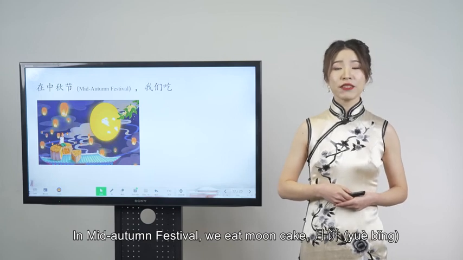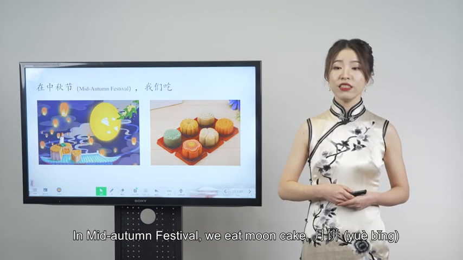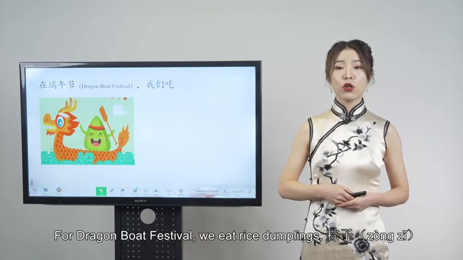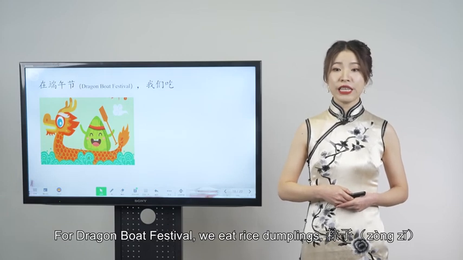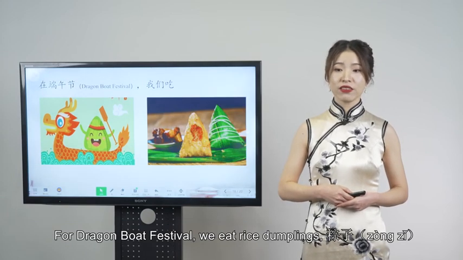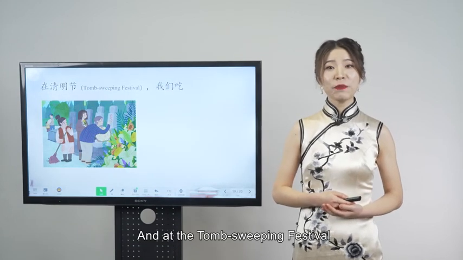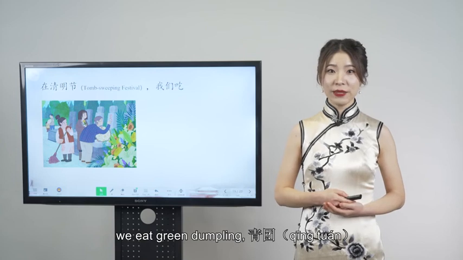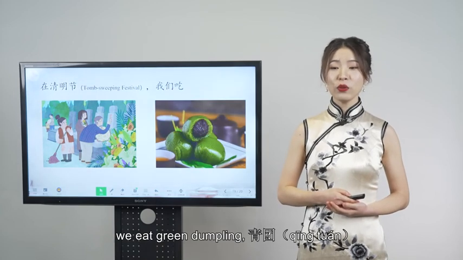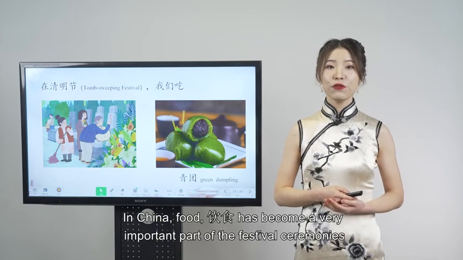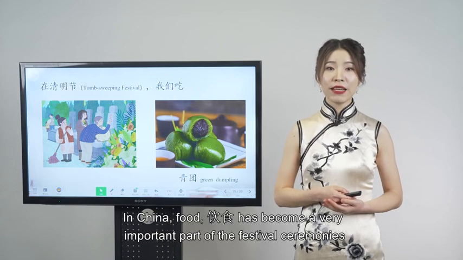In Mid-Autumn Festival, we eat mooncake, 月饼. For Dragon Boat Festival, we eat rice dumplings, 粽子. And at the Tomb Sweeping Festival, we eat green dumplings, 青团. In China, food, 饮食, has become a very important part of the festival ceremonies.